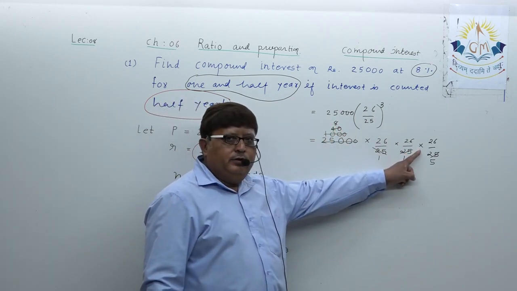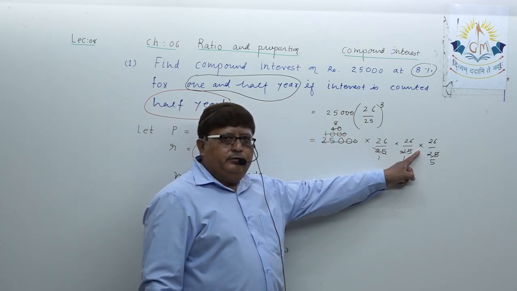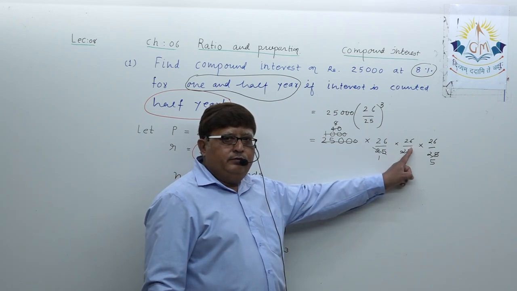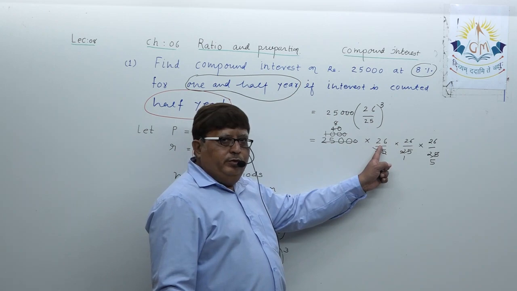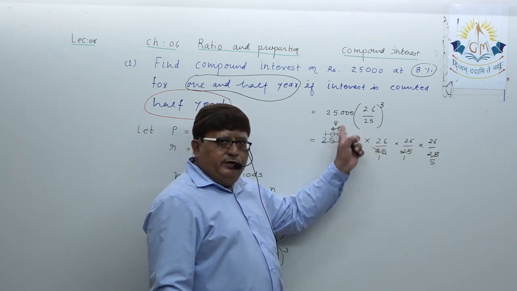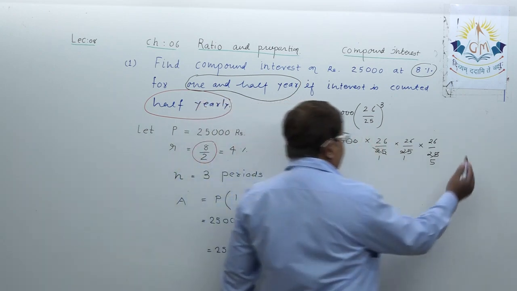Now dear student, 26 into 26, 676, you already know. 676 to be multiplied by 26 and further by 8. Let us do it.